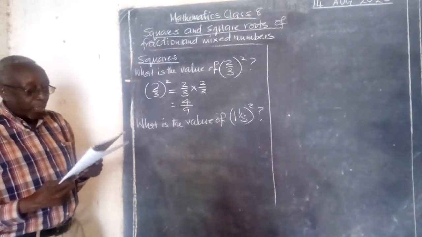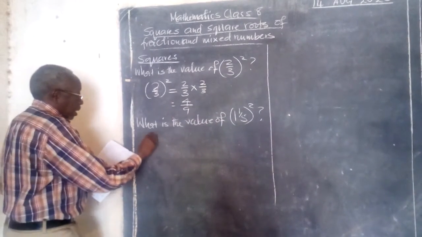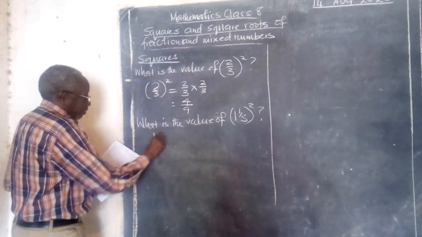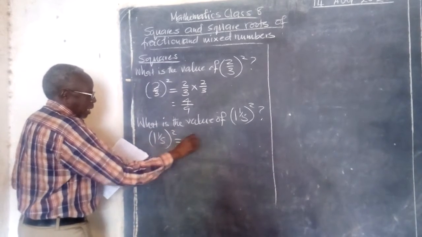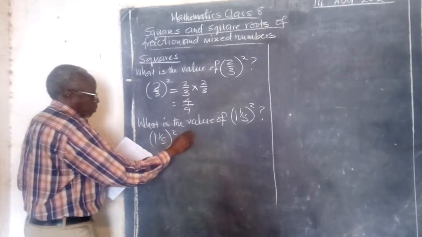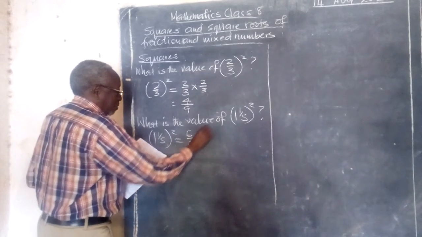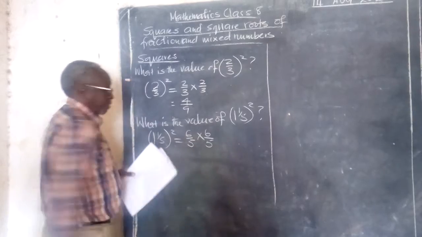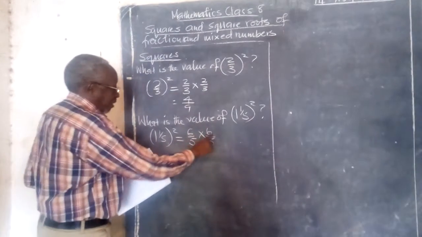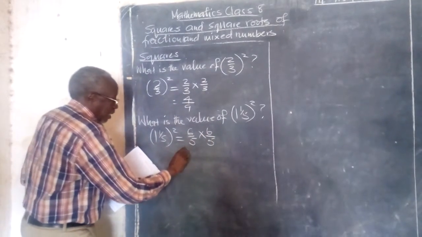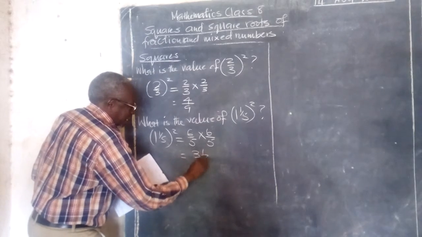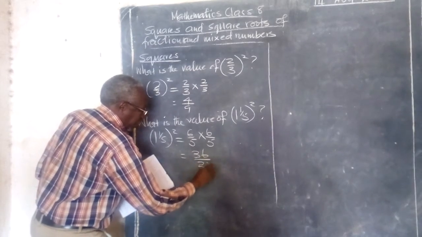So the first thing we do here is we write this as 1 and 1 over 5 in brackets squared is equal to, change it into an improper fraction, we get 6 over 5 times 6 over 5. That means 6 over 5 times 6 over 5, and in this case you get 36 over 25.